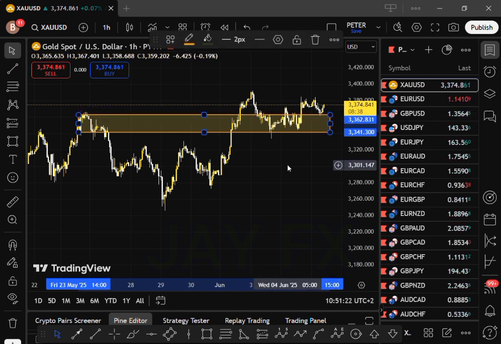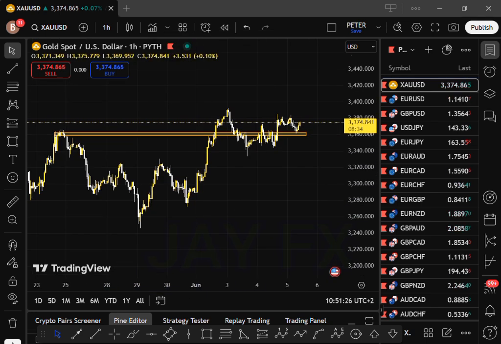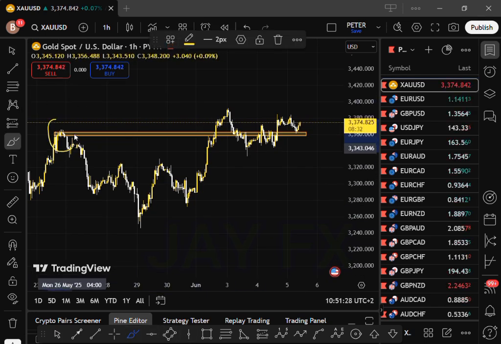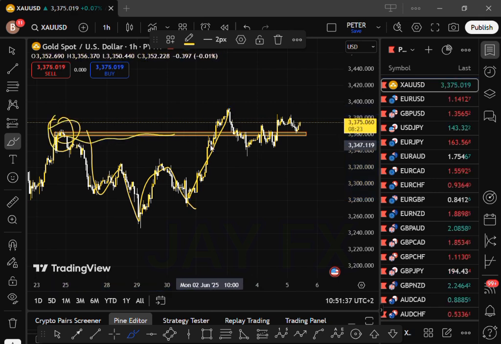This zone comes from that side, from where price has been forming those patterns that I told you about. After breaking the previous high, you can see where it comes from. After breaking it, it just comes back and breaks it again.